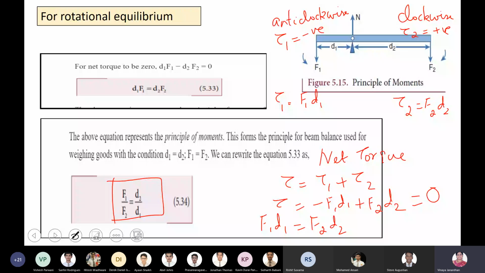Have you completed, boys? So if this condition is satisfied, your metallic rod will not rotate. That is the condition for rotational equilibrium. When tau 1 becomes equal to tau 2, the metallic rod will not rotate. It will be at equilibrium. Is that clear?